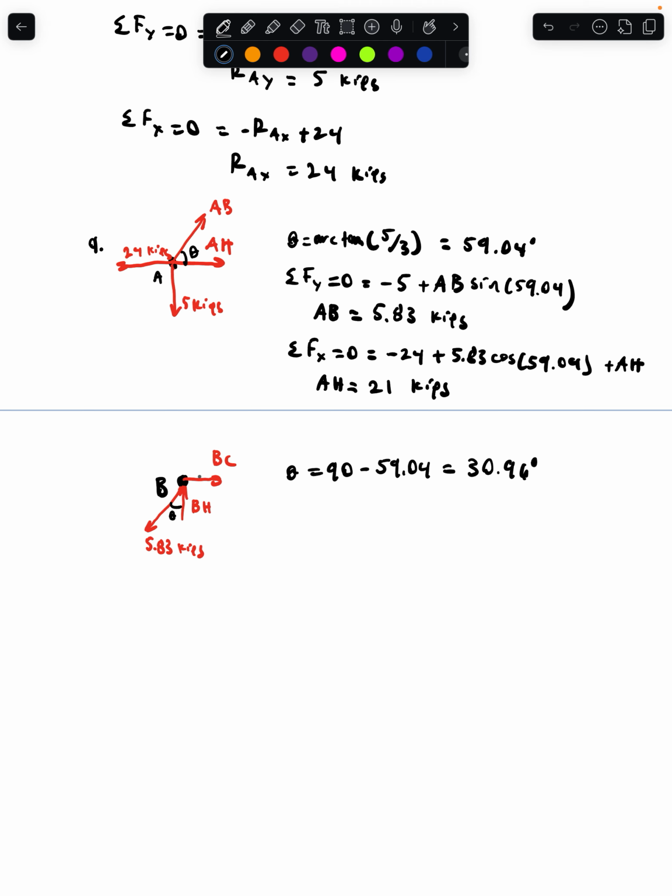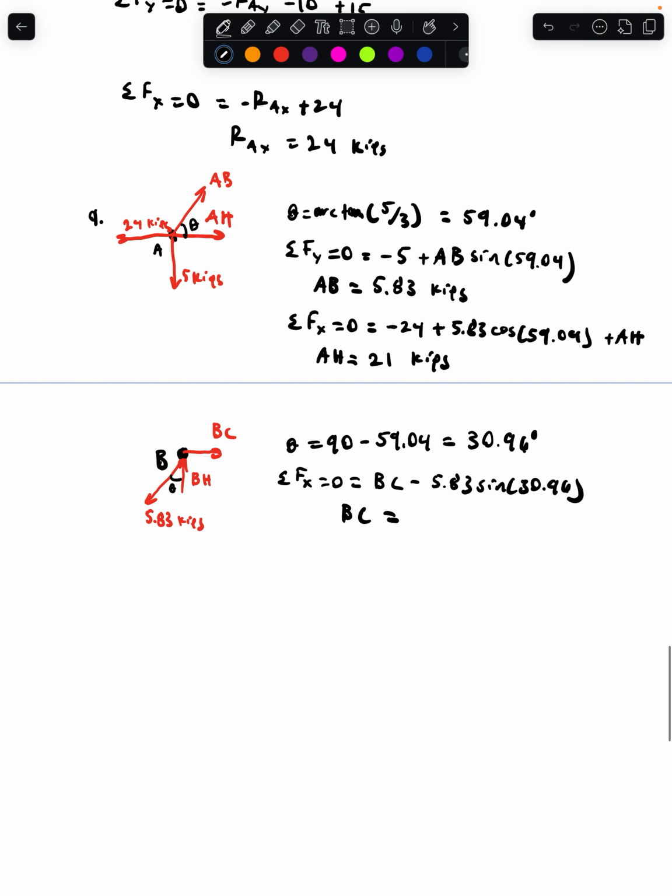And since we only have two forces here, this should be pretty easy. We set the sum of the forces in the x direction equal to 0. We get BC minus 5.83 times the sine of 30.96. That's going to be 3 kips.